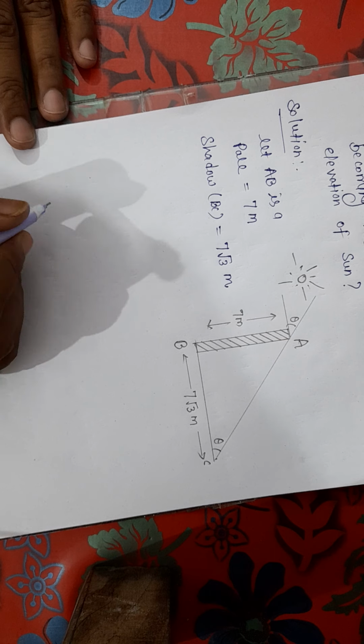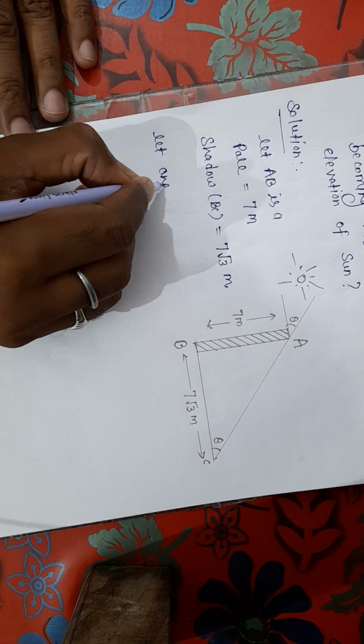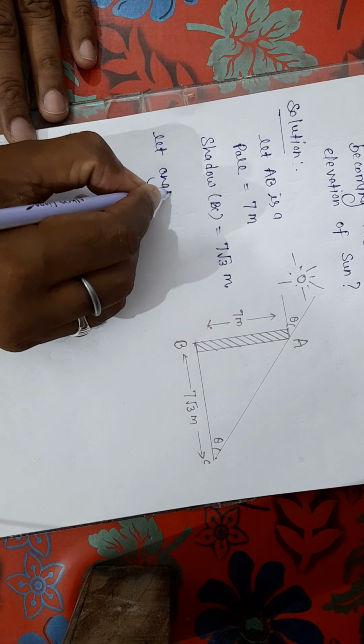Let the angle of elevation of the sun equal theta.